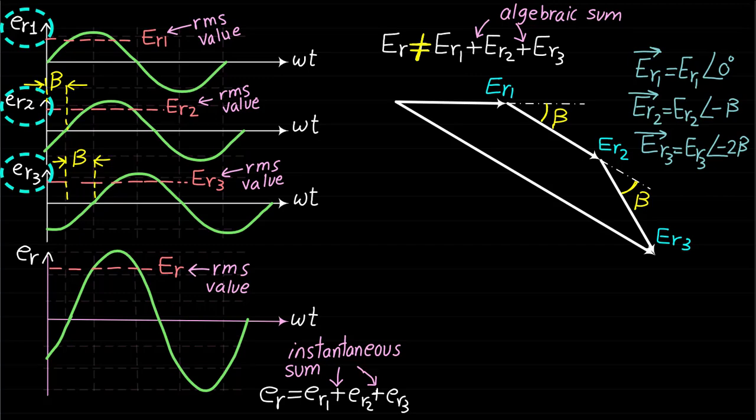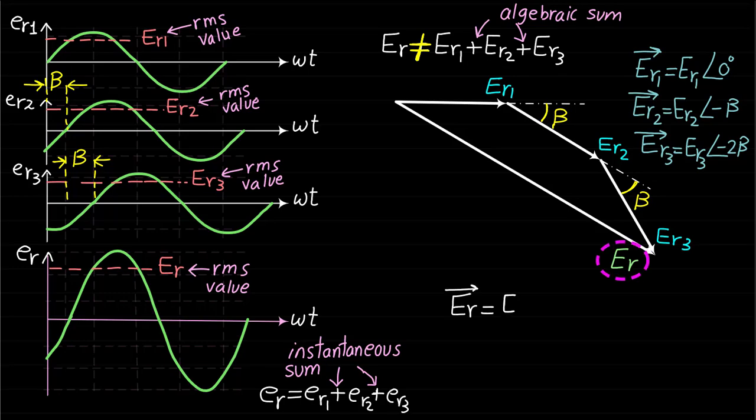It is very clear that the induced voltages ER1, ER2, and ER3 of the distributed coils are shifted from each other by the angle beta, where ER2 lags ER1 by beta and ER3 lags ER2 by beta. The sum of these three induced voltages can be represented by the phasor ER.